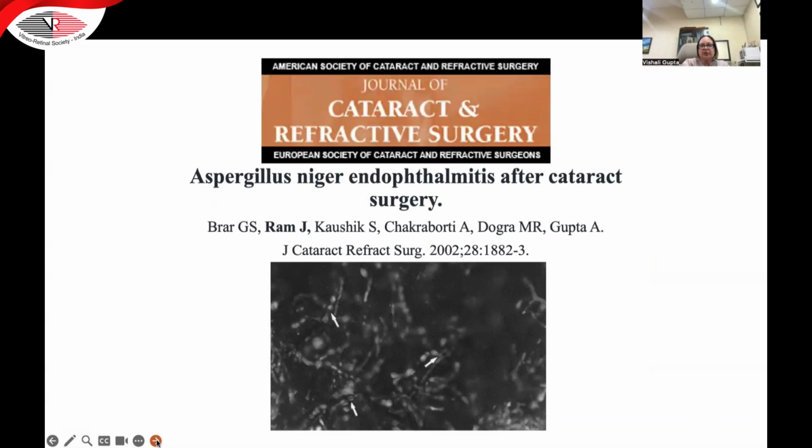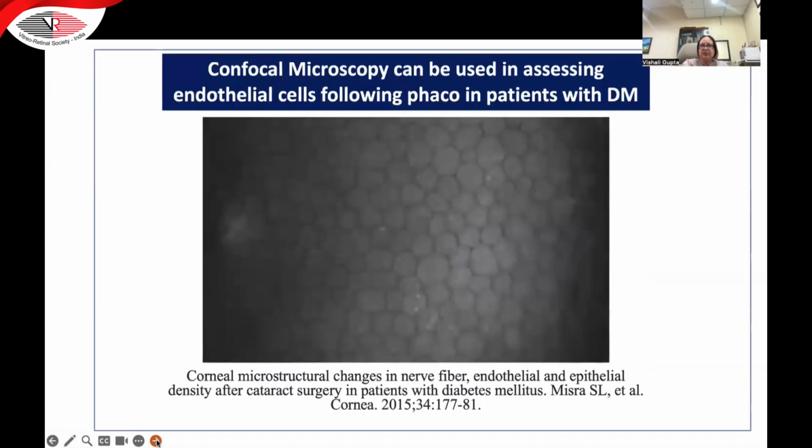This is what our group published about Aspergillus niger endophthalmitis, which was more commonly seen in diabetics. If you're concerned about the endothelium, confocal microscope can be used, but I think more important is protecting the endothelium during surgery by keeping the chamber maintained all the time and using generous viscoelastic to protect the posterior part of the cornea.